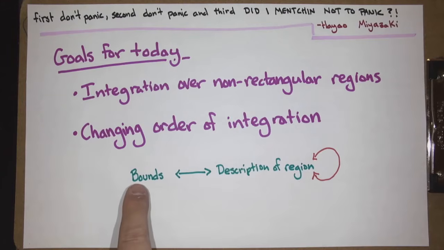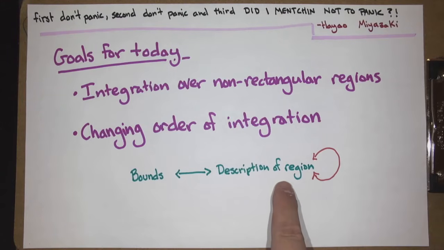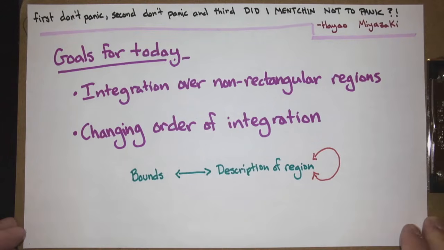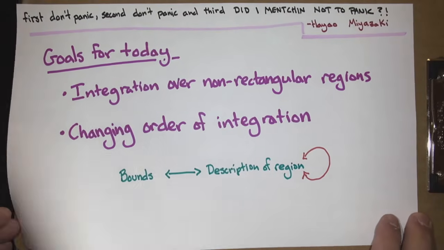From the bounds, we know what the region looks like. We change the way we describe the region, which gives us our new bounds. So that's what we're going to be doing. We'll do it multiple times, in different coordinate systems, and in multiple dimensions, not just dimension 2, but also dimension 3.